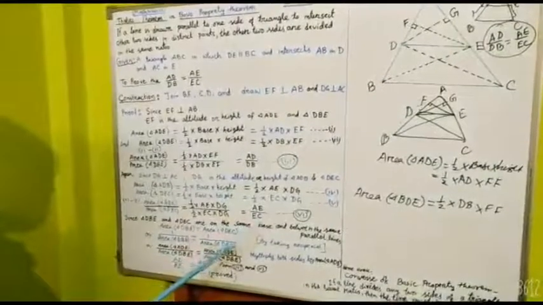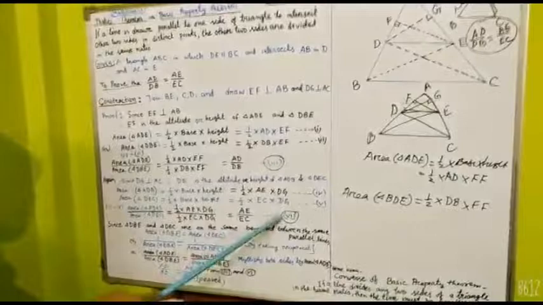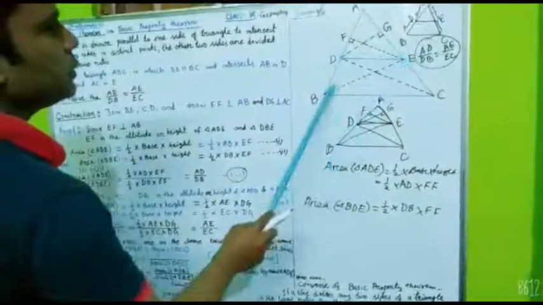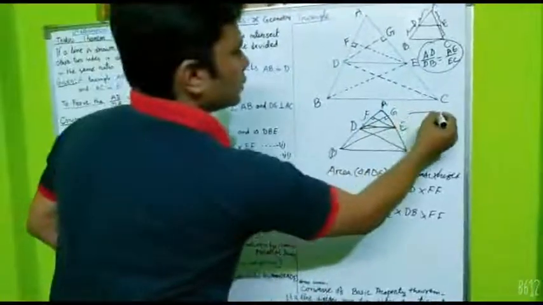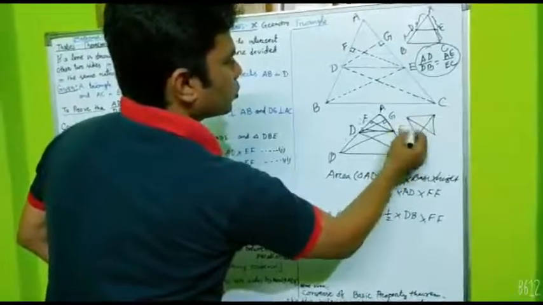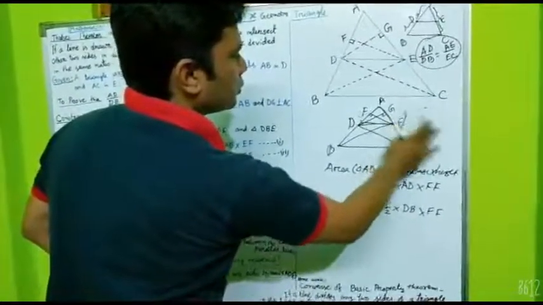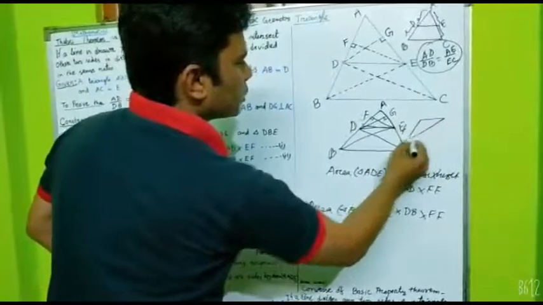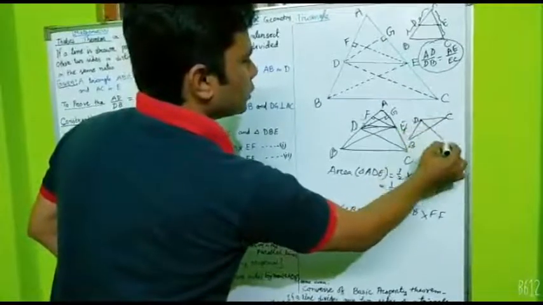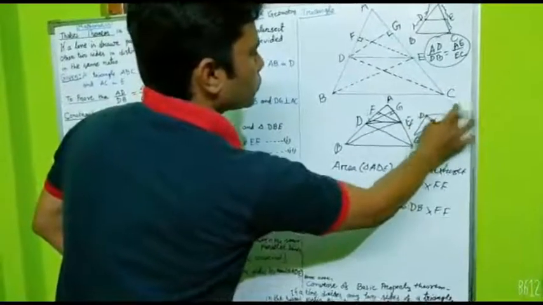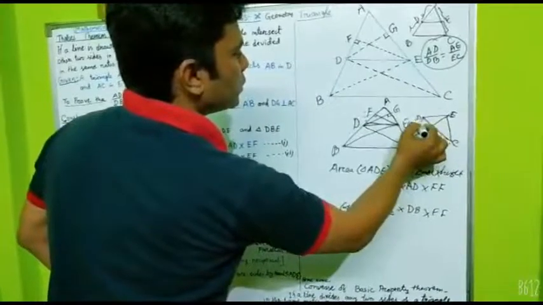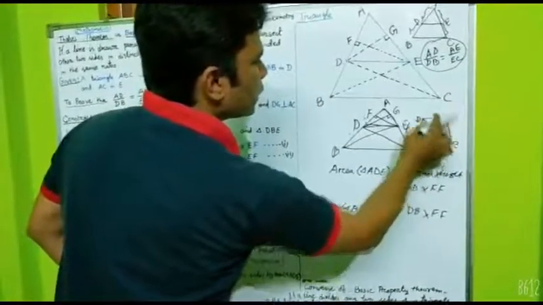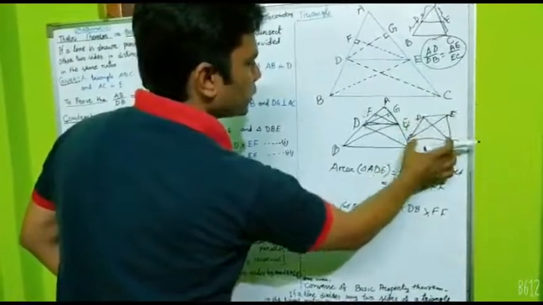Here one thing is that triangle DBE and triangle DCE, this triangle and this triangle, are both between the same parallel lines DE and BC, and the base is the same, that is DE.